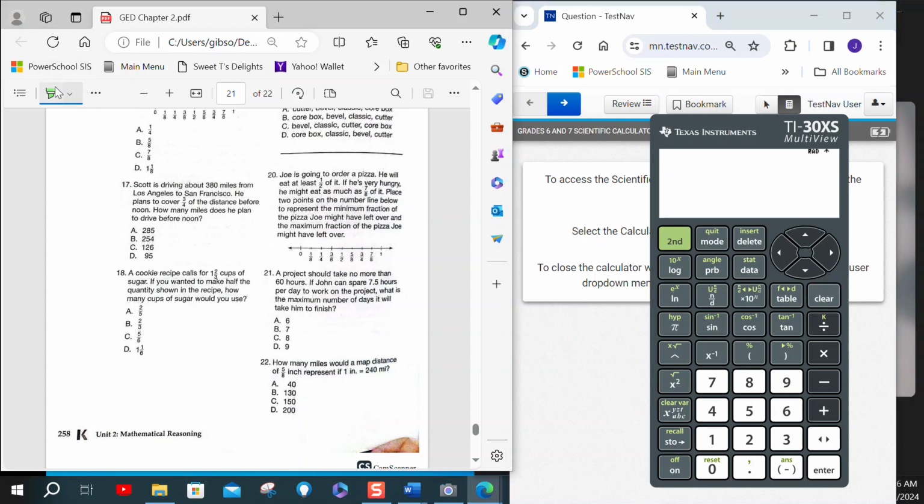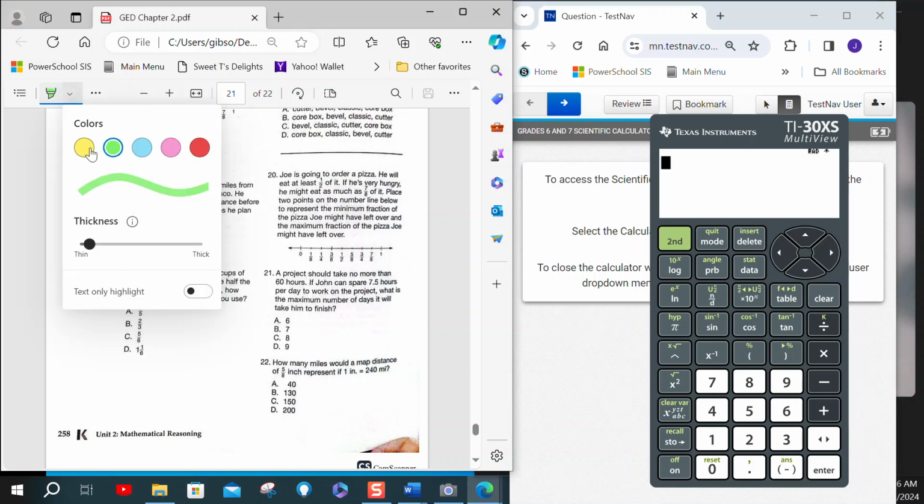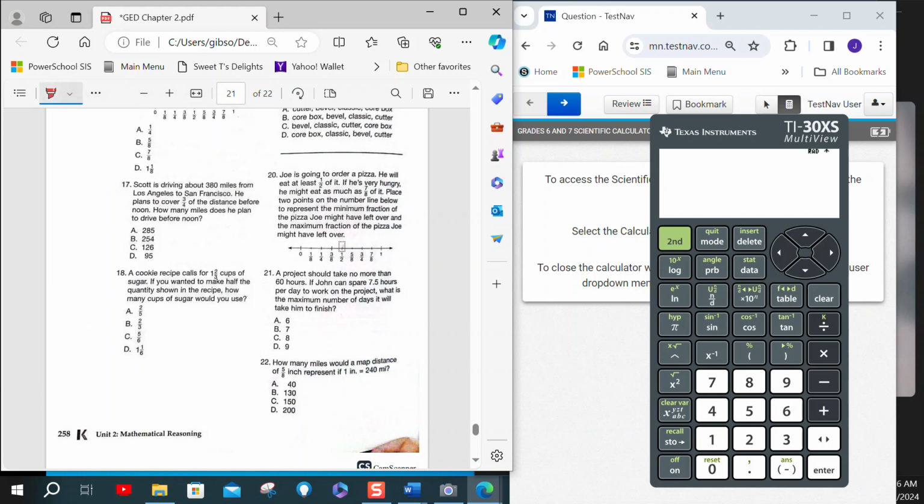Let me see if I could do that here. See if I make it thin. Oh, it wouldn't let me. Okay, cool. Okay, so we have half. That's 1 point.